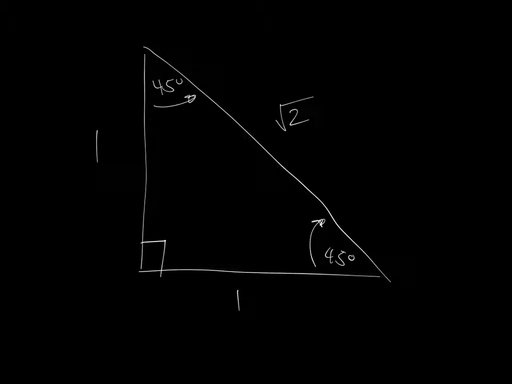So it's just a little bit larger than the other side. So on a 45-45 right triangle, the two equal length sides are the same length, obviously. And the longest side, the hypotenuse, is a length of radical 2 larger. So it's just a little bit larger. Radical 2 times larger to be exact.